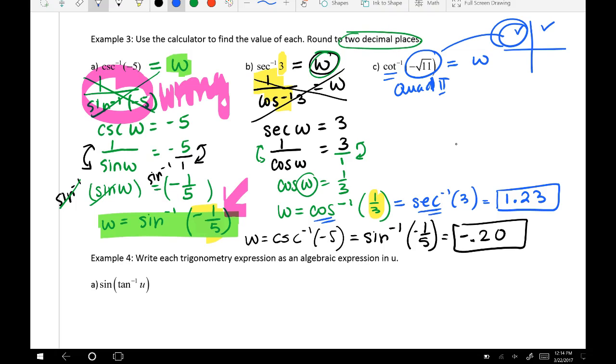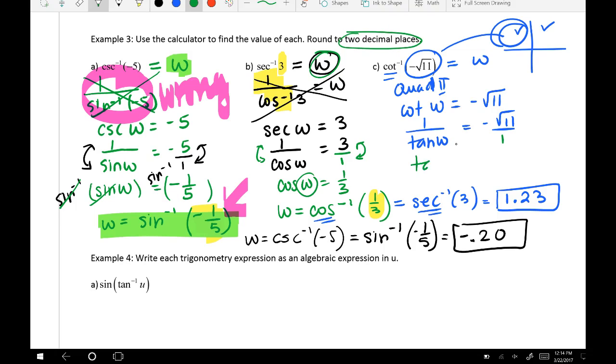Similarly, here we go. Cotangent, I'm going to rewrite. Cotangent of W equals negative radical 11. I don't have a cotangent button, so I'm going to use tangent. Cotangent is 1 over tangent of negative 11. I'm going to make this into a fraction, then I'm going to flip.